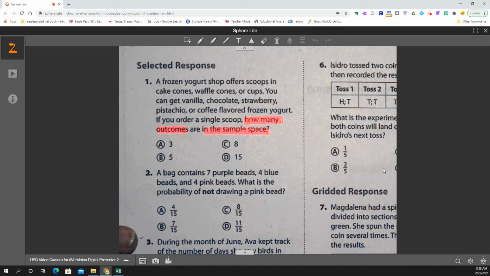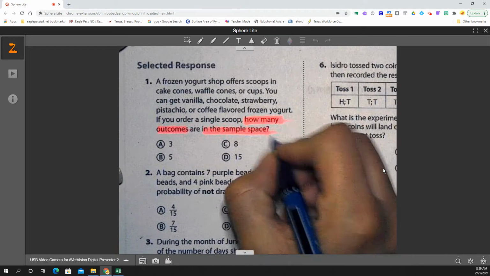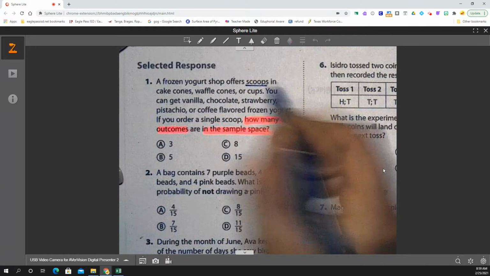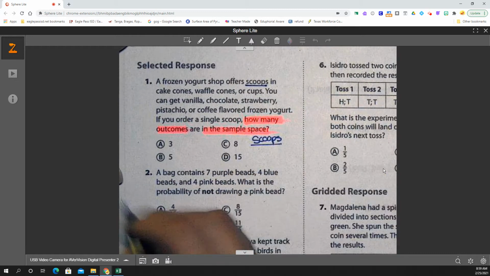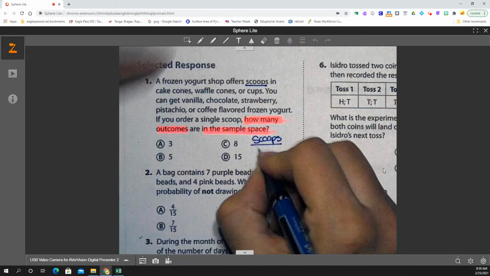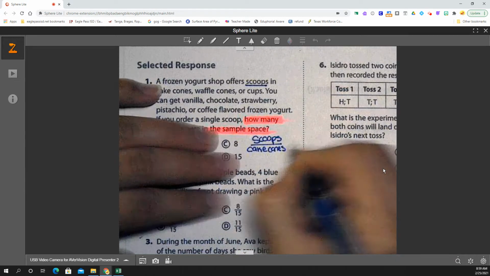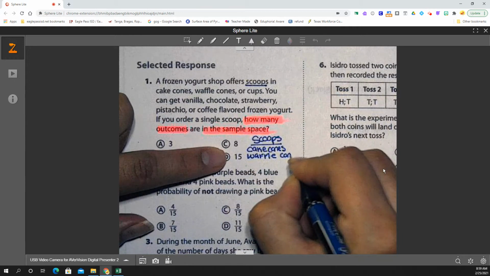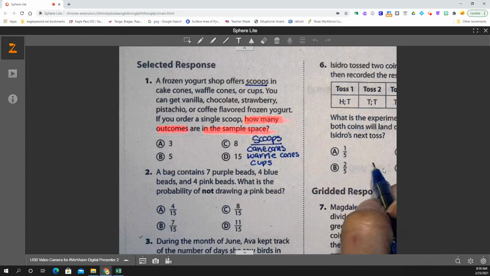Now, we need to remember a sample space is like a tree, right? So, what we're going to do is we're going to say, well, scoops can come in 3 different ways: cake cones, waffle cones, and cups.